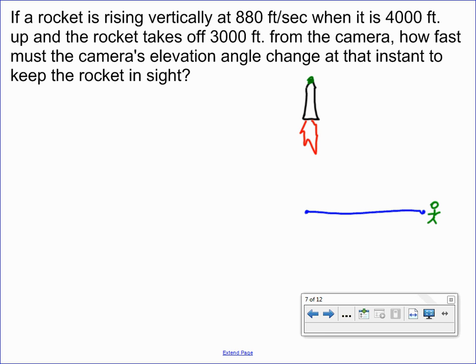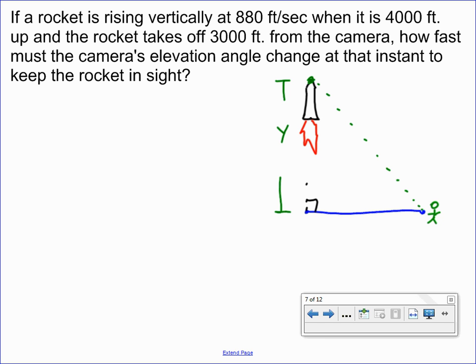And the camera has an elevation angle because I'm trying to keep that rocket in sight. And we've got maybe a vertical distance that we'll call y above the ground, and a horizontal distance from the camera to the takeoff site.